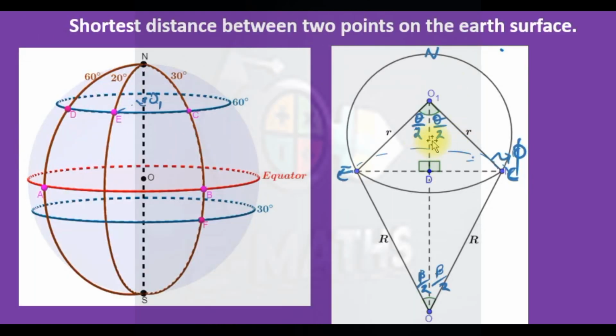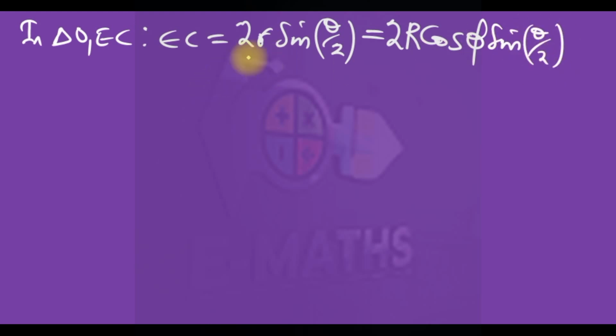You get the logic. The chord, if you could remember in our circle geometry, the length of chord in terms of this triangle O subscript 1 EC is 2 small r sine half theta. And we know that small r in terms of big R is R cos phi, where phi is the common latitude, so the chord is 2R cos phi sine theta over 2. So that's the first thing.